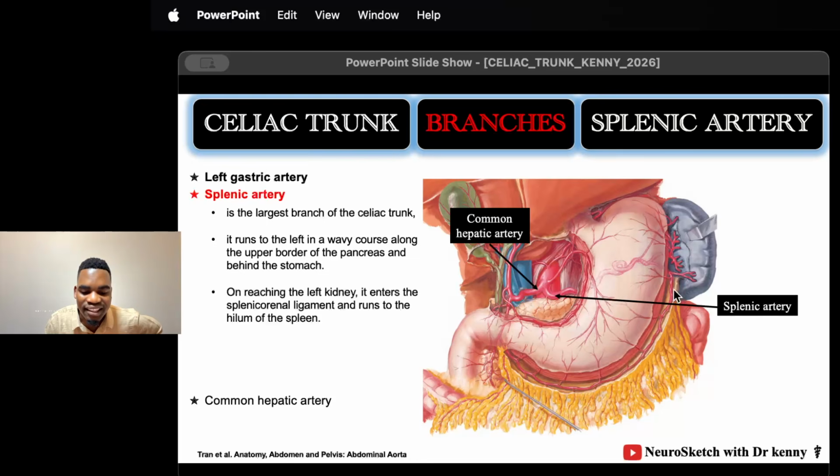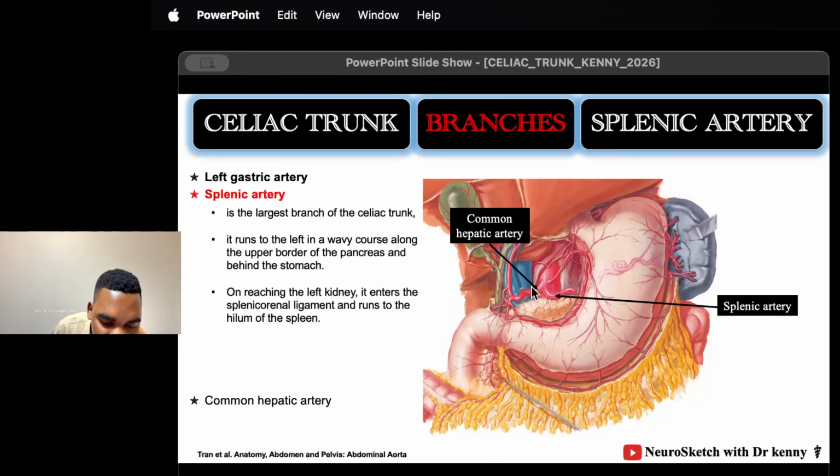It supplies the greater curvature together with the left gastroepiploic artery. We say the left gastroepiploic artery is a branch of the splenic artery, okay? And we said it anastomoses with the right gastroepiploic artery, or the right gastromental artery. So the right gastromental artery is a branch of the GDA, gastroduodenal artery. Okay? Let me summarize for you.